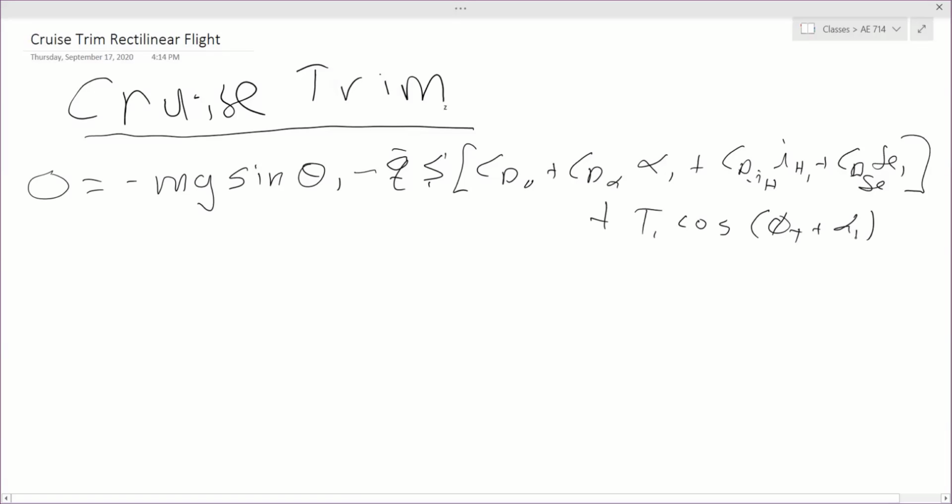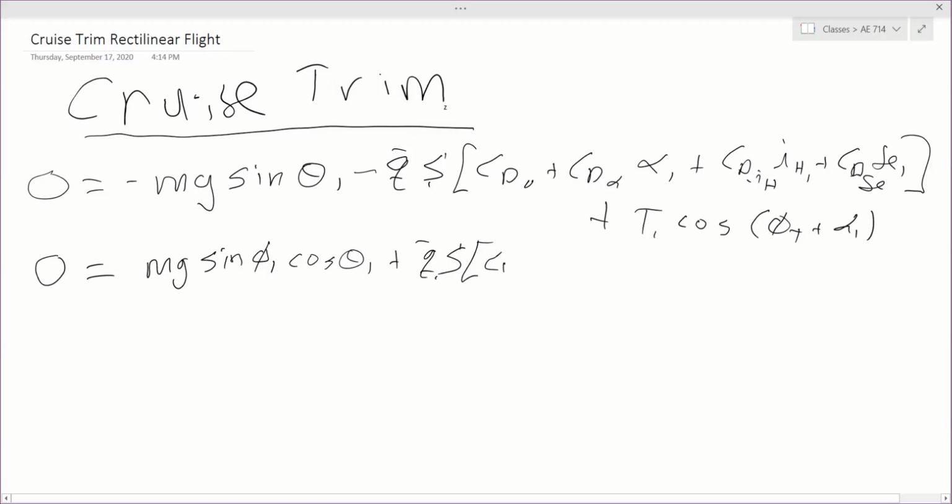So that's the X force equation. And then the Y force equation is going to have the gravity vector in the Y direction. And instead of alpha and IH and delta E, this is a lateral directional force and moment.